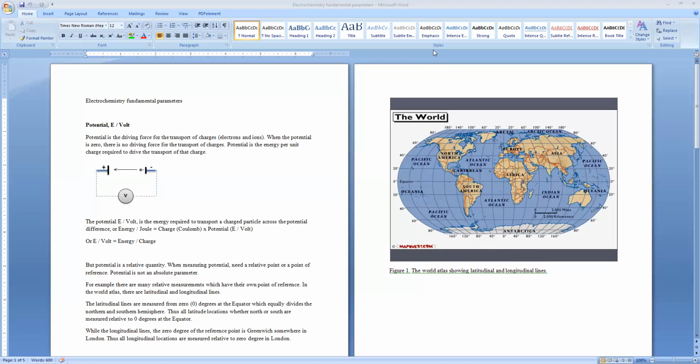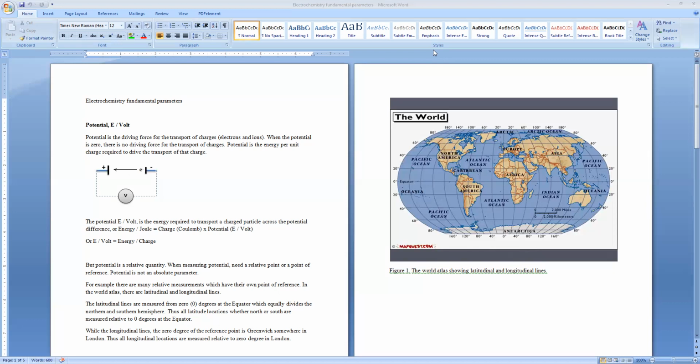The unit is the volt, but it is derived from energy in joules per unit charge in coulombs. So potential is the energy required to transport a charged particle across the potential difference.